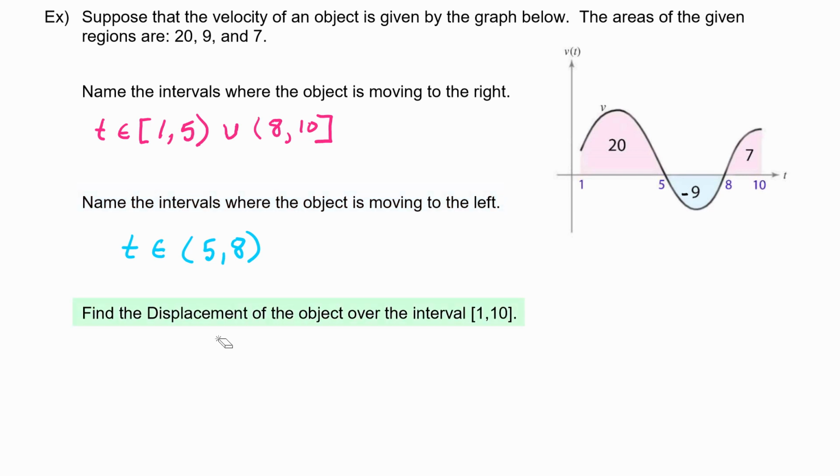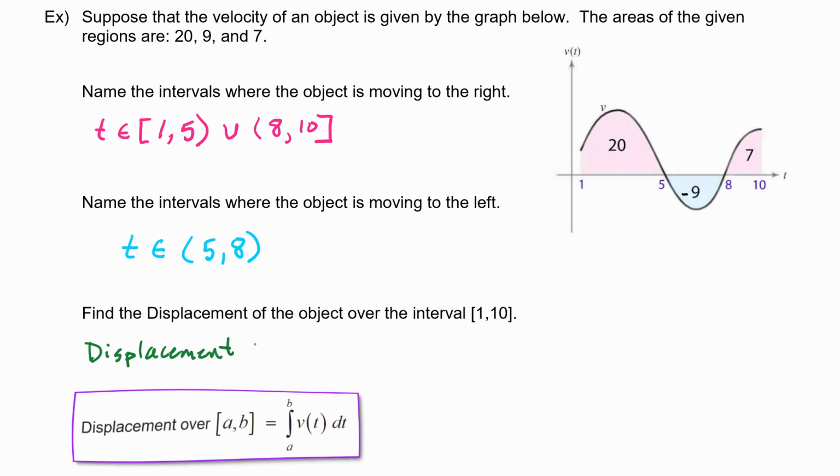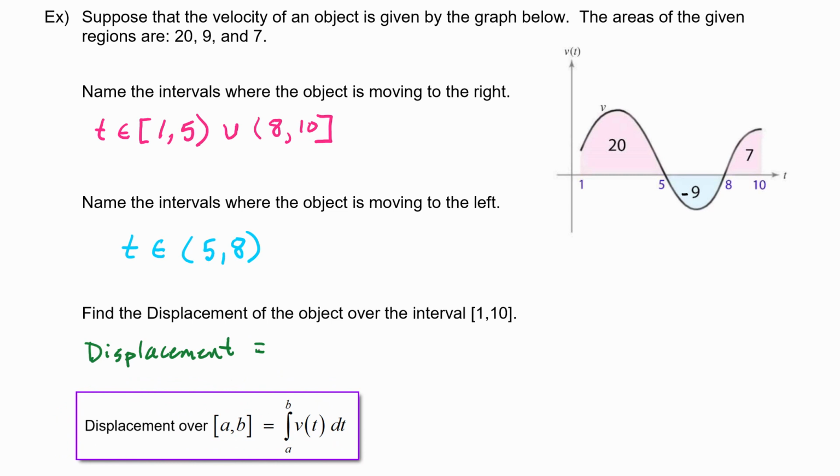Now we have to find the displacement of the object over the interval 1 to 10. So displacement, remember we just learned, is defined to be the integral from a to b of v of t dt.